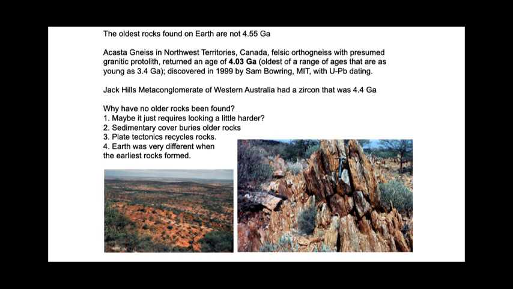Okay, so these are the oldest known substances on Earth, found in these rocks, and they're actually in Western Australia, in the Jack Hills. The Jack Hills conglomerate here has been metamorphosed. It's a conglomerate that was metamorphosed, but it was collected from the weathering debris from some of the oldest rocks on Earth, and it included some zircons. Some of the zircons in the Jack Hills metaconglomerate date all the way back to 4.4 billion years old, 4.4 billion years.